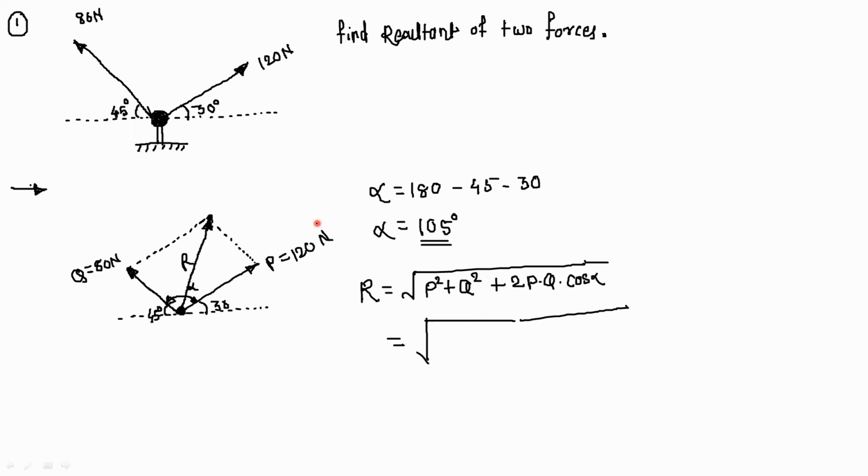You will get the quick answer if there are only two forces. So P value is 120, Q is 80, and cos of 105. So let's get the answer.